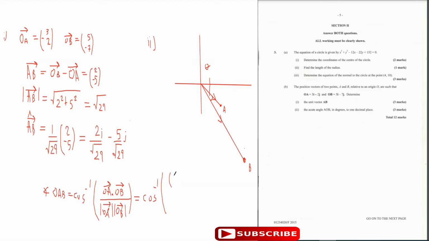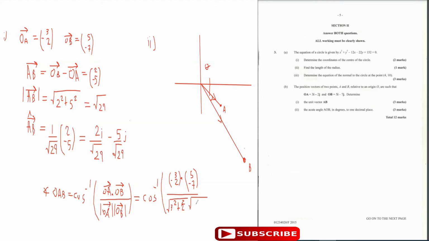The dot product is going to be 3 minus 2 times the dot product of 5, negative 7, so that's OA dot OB, all divided by the magnitude of vector OA, which is 3 square plus 2 square, square rooted, times the magnitude of vector OB.